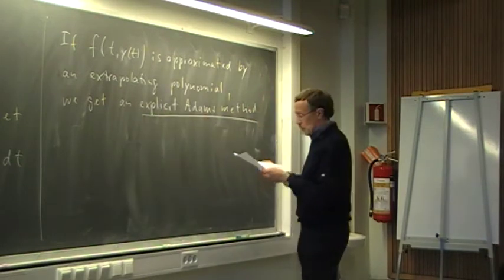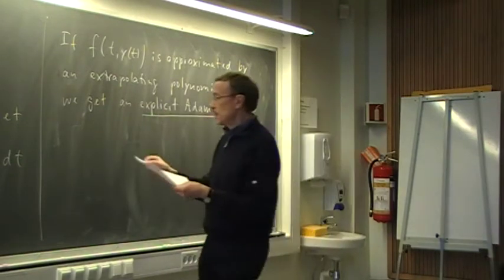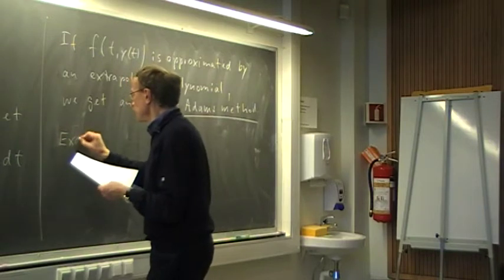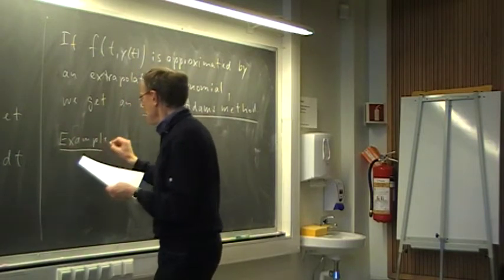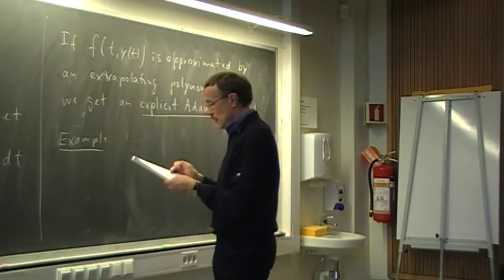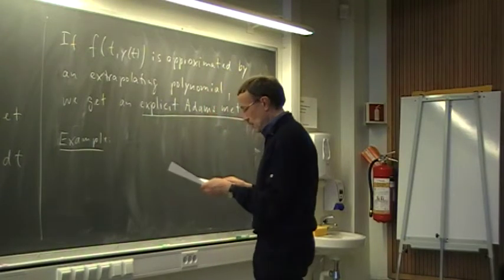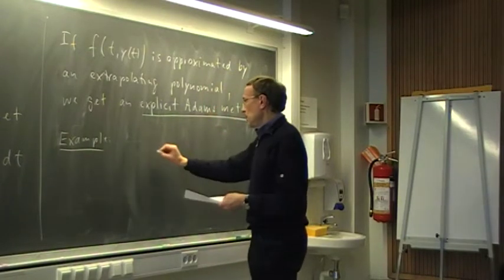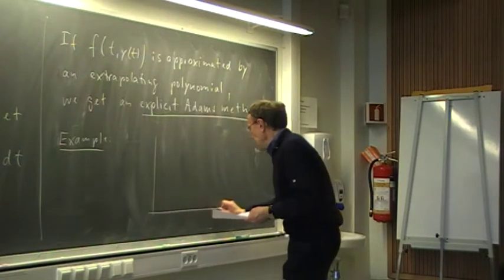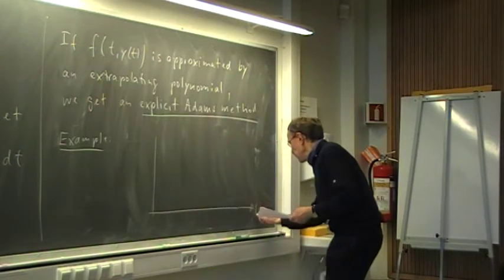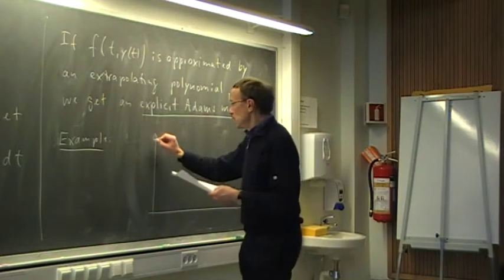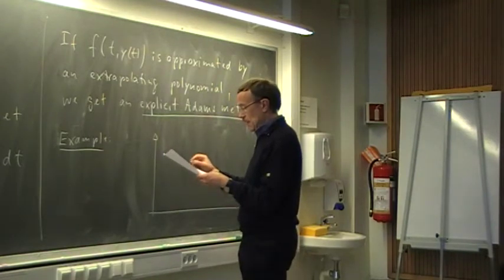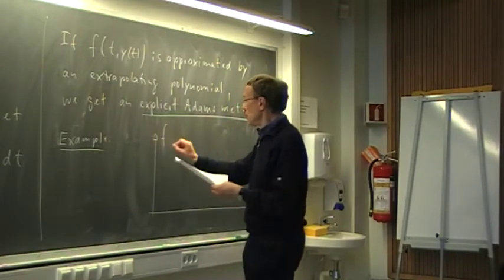So to see that, we look at an example. We imagine we have this f that we want to approximate. Here we have time, and here we have the f that we want to approximate.